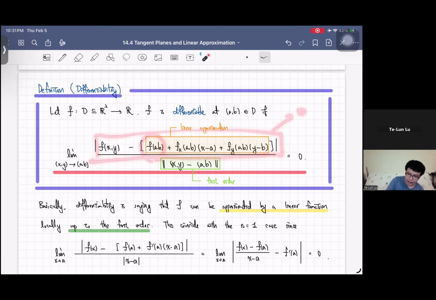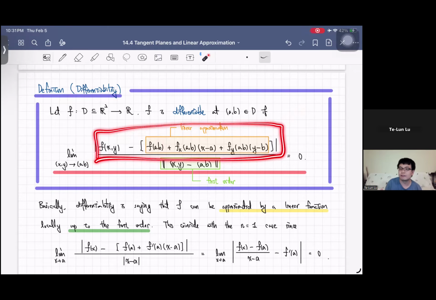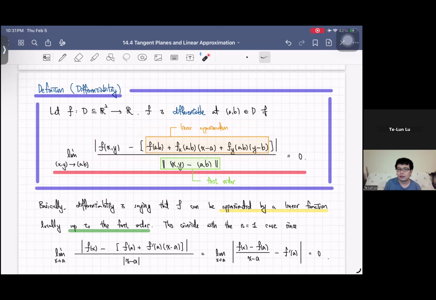So simply this guy goes to 0 serves as a zeroth order approximation, namely that those two things intersect at a point AB, f of AB. The two functions share the same value at the point AB.